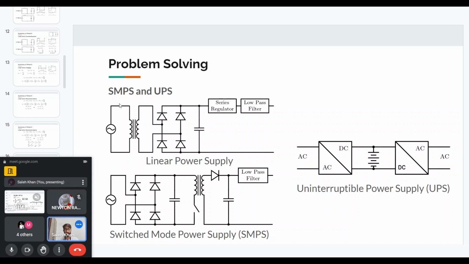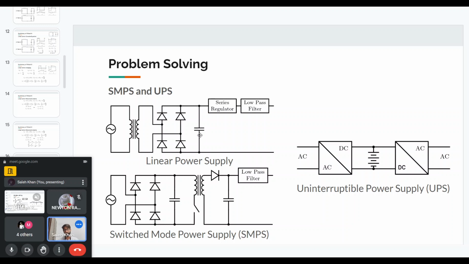One configuration of a linear power supply I've shown here. If we want a very small voltage at the output, we will first have a transformer. This transformer will be at 50 or 60 hertz, the supply frequency, and it will step down the voltage. Then we have an uncontrolled full bridge diode rectifier.